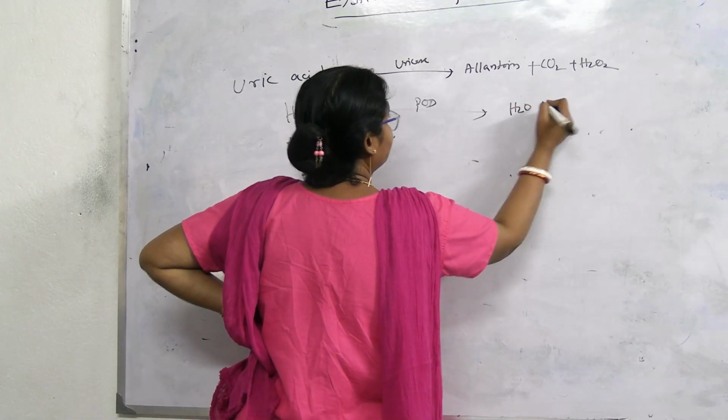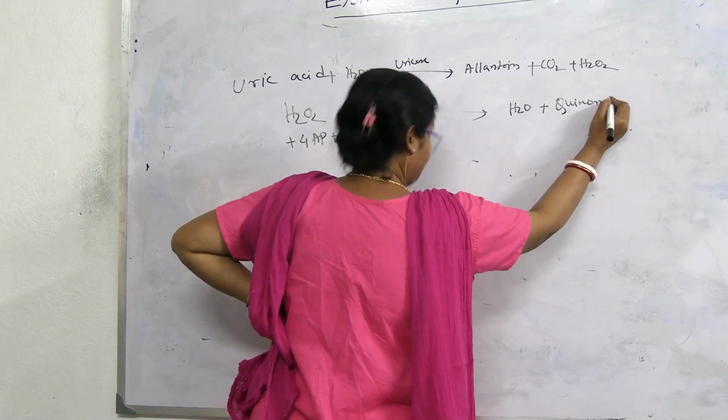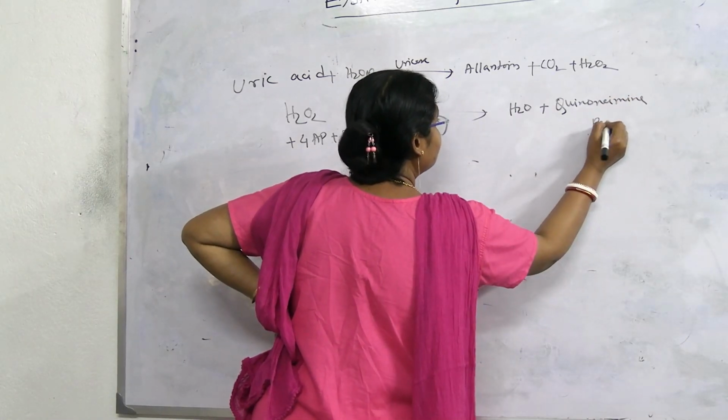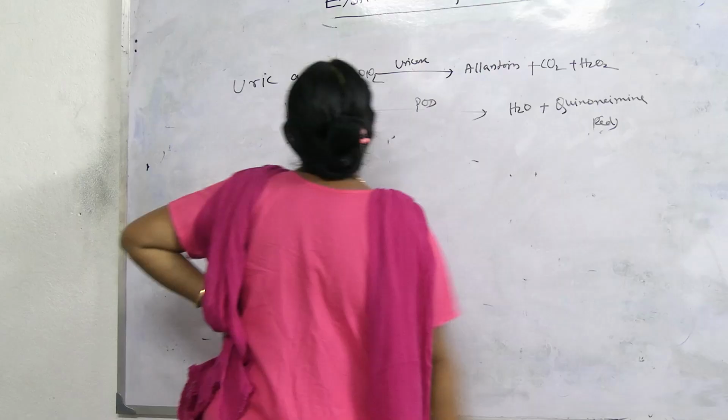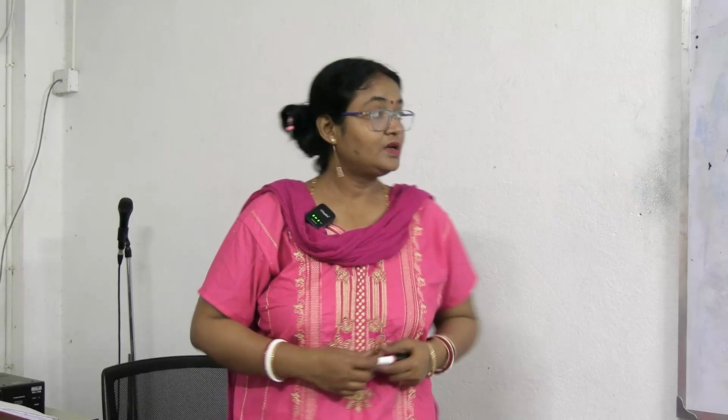Now we will read about the method. Uric acid, with the help of uricase, will form allantoin, H2O2 and carbon dioxide.